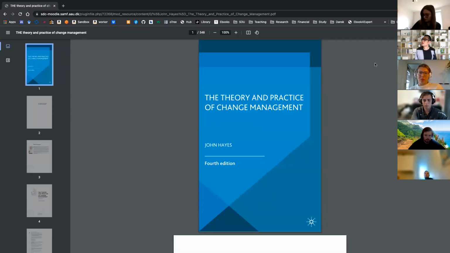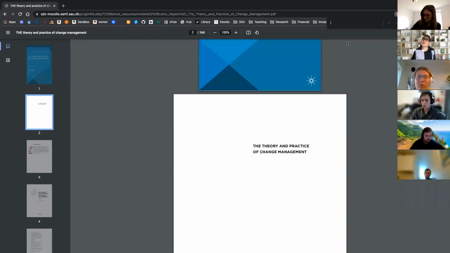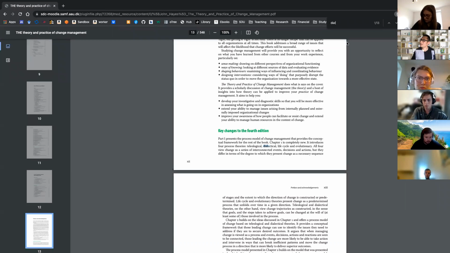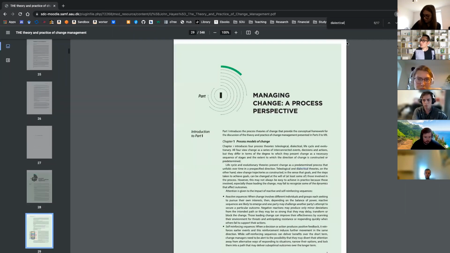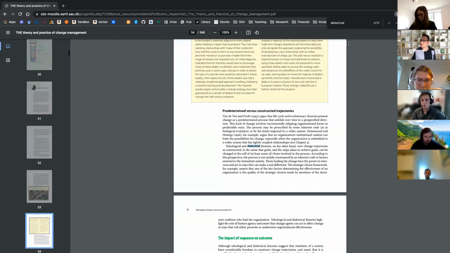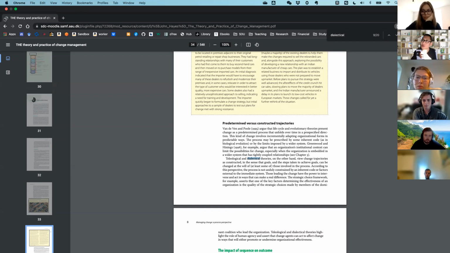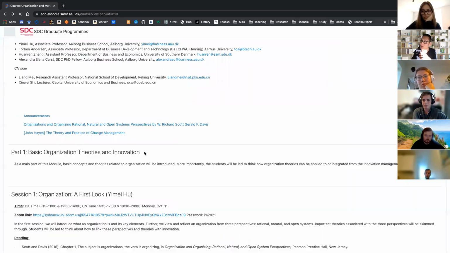For example, if you want to know this evolutionary or maybe dialectical view, you can just Google it and then go through the corresponding concept that is discussed in detail in the textbook. So I will talk to Torben so that he will make this listed reading material consistent with the slides.